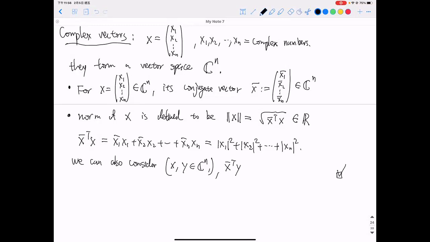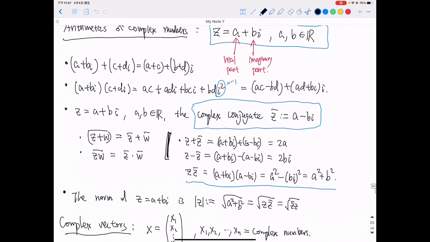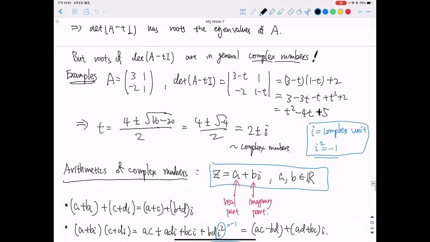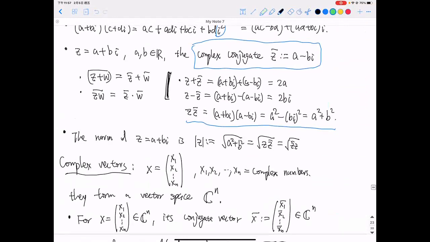So these are the basic things about complex numbers and complex vector spaces, in particular C^n. Now we should move on to see how this is supposed to impact our ability to study eigenvalues and eigenvectors.